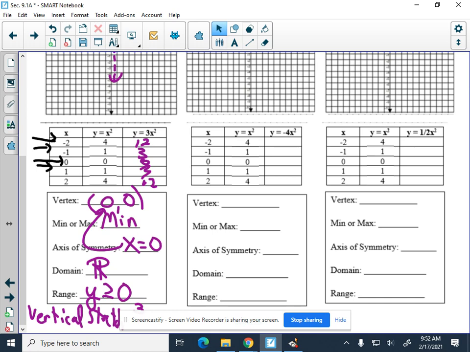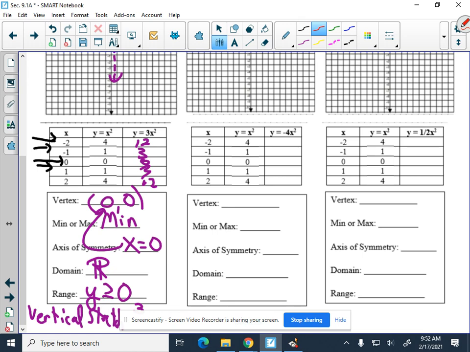What's going to happen if we take this x squared? What thing did we put in front of it now? Okay, a -4, right? So if over here it just multiplied by 3, what do you think we're going to do with all those numbers now? Multiply by -4. So what do you think you get here? 8?